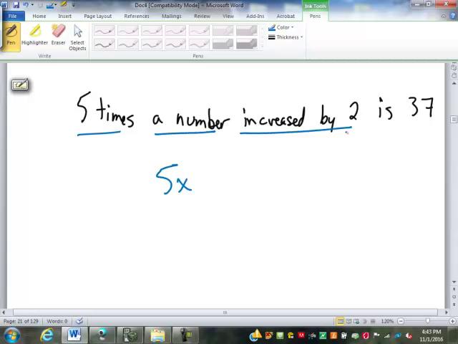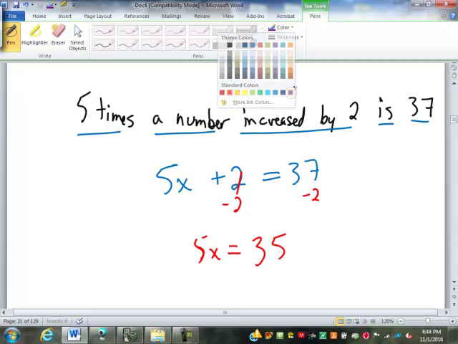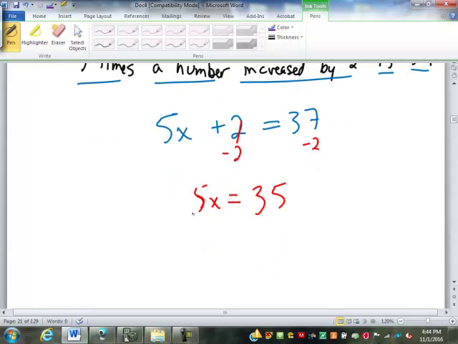Increased by 2 means plus 2. Is equals, and then of course 37. Now that it's an equation, we have to solve it. What do we do first? Subtract 2. So we have 5x. 37 minus 2 is 35. And then divide by 5. X equals 7.